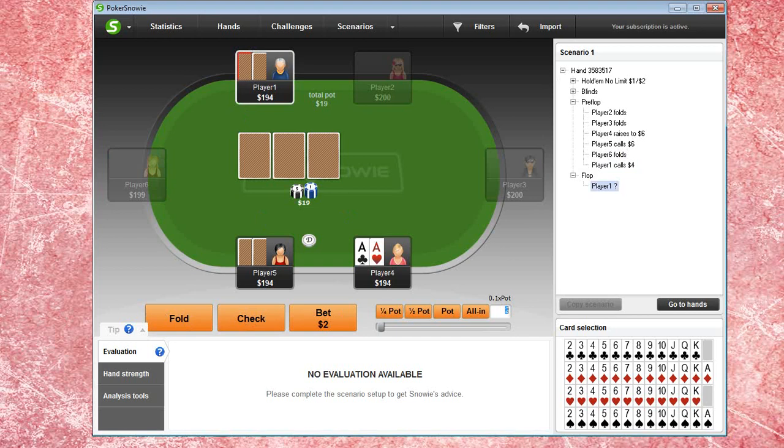And now the board is 10 of clubs, 5 of hearts, and queen of hearts. So the first player checks.